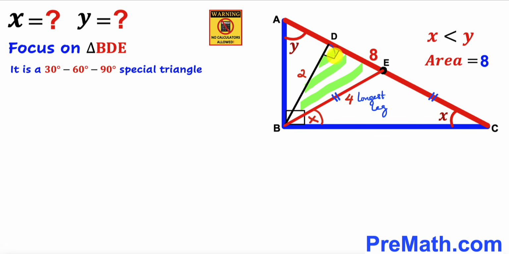And this leg BD is going to be our smallest leg. So the angle opposite this smallest leg is going to be 30 degrees, and likewise the third angle is going to be 60 degrees. Now we are going to focus on this 30 degree angle.